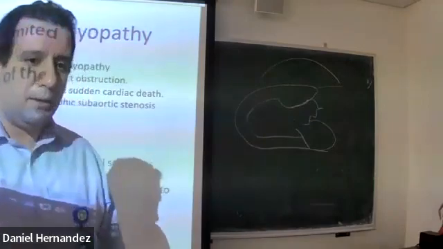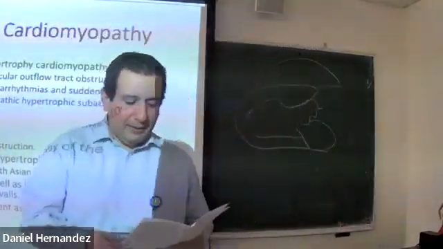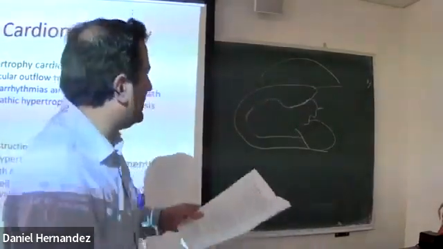All right, so we said that our most common form of hypertrophic cardiomyopathy is going to be this asymmetric septal hypertrophy.